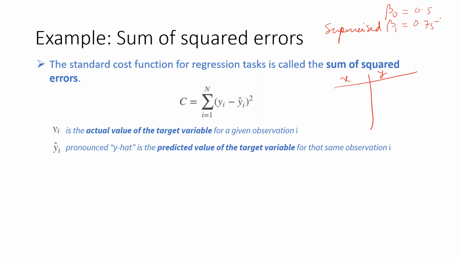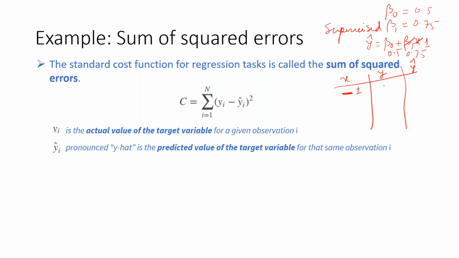Then for every X value, I put it in my equation y hat equals beta 0 plus beta 1 X. So let's say X is 1, beta 1 is 0.75, and beta 0 is 0.5. So 0.5 plus 0.75, whatever that value is, I am putting it as y hat.